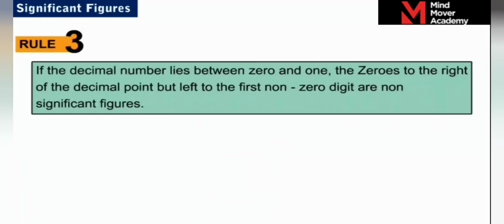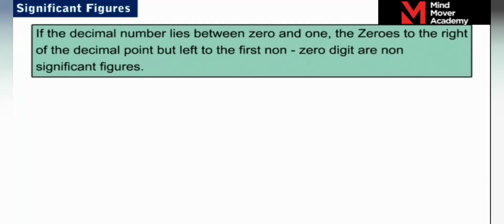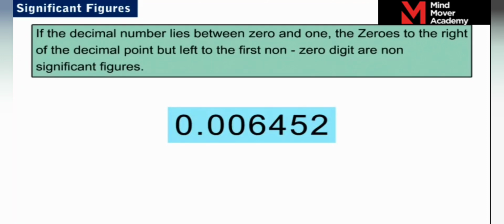The third rule says that in any measurement, if the decimal number lies between 0 and 1, the zeros to the right of the decimal point but left to the first non-zero digit are non-significant figures. Consider any number, say 0.006452.